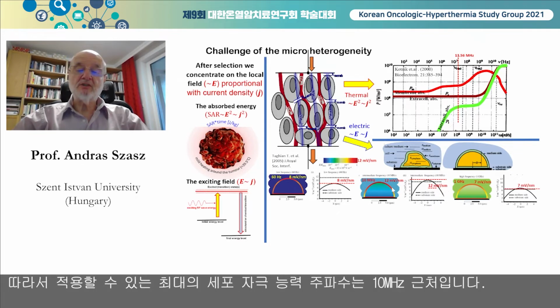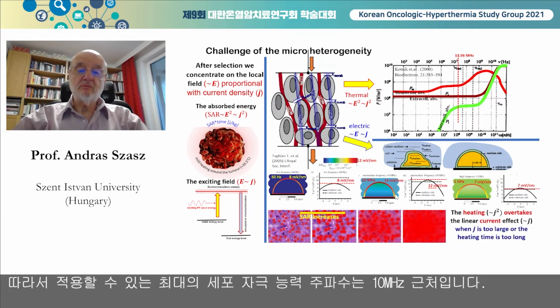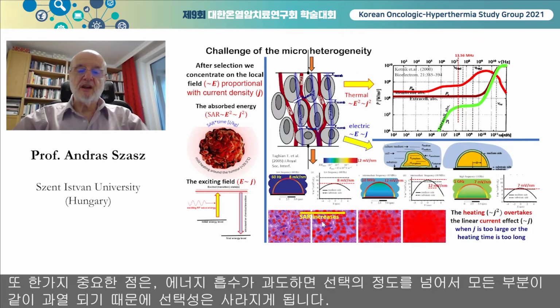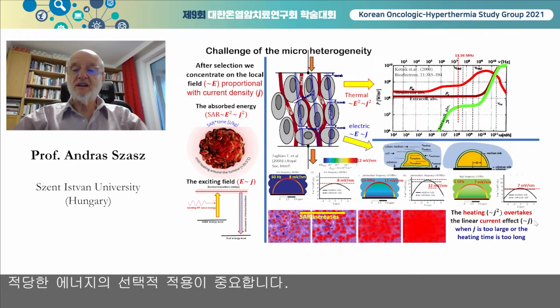The maximum is around 10 MHz. The other point we have to take care of is that if the energy absorption is too high, then we lose the selectivity. So we have to consider that J square must not overtake the J linear, because the J linear makes the real excitation, so the selection.